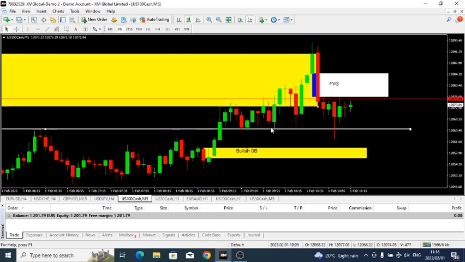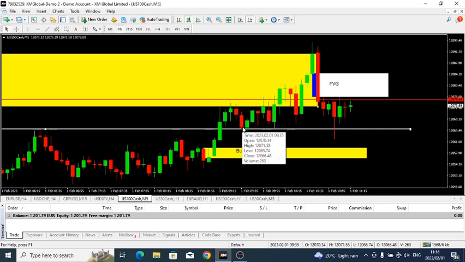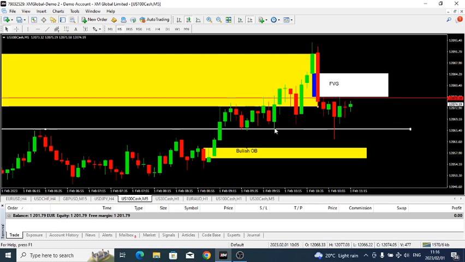And look what these candles did. They went from here and found support at the New York midnight opening price, exactly at the New York opening price.